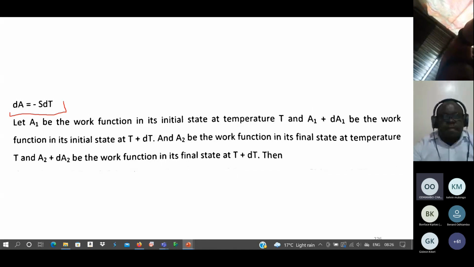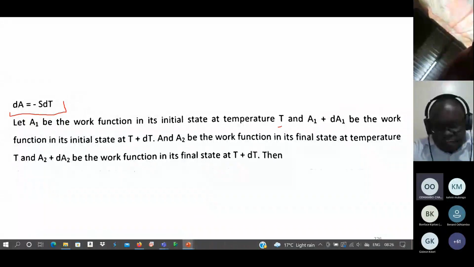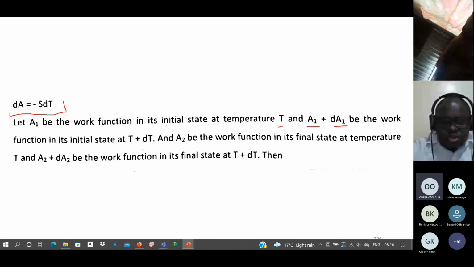Okay. Now, if you let A1 be the work function in its initial state at temperature T, and A1 plus dA1 be the work function in its initial state at T plus dT.